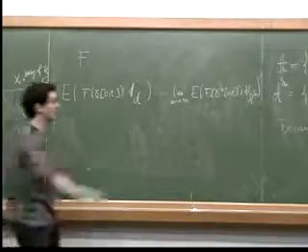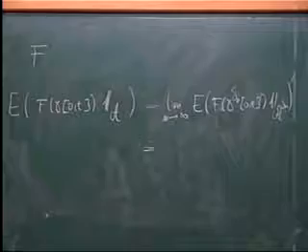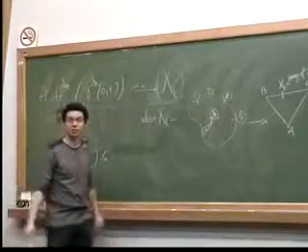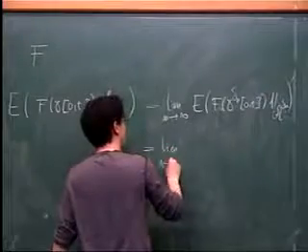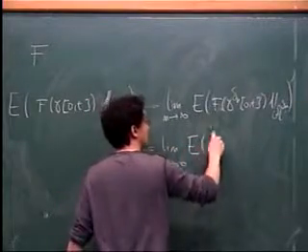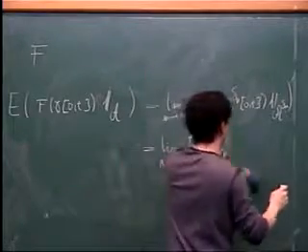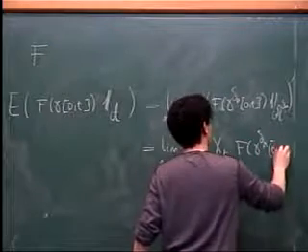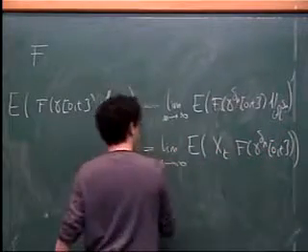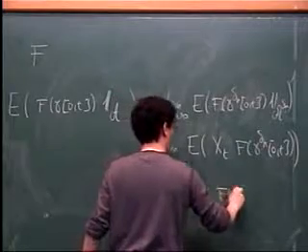And now you can apply this here to deduce, I skip a line, that this will be just the limit when n goes to infinity of the expected value of xt times f of gamma delta n up to time t, which is nothing else than the expected value of xt f of gamma up to time t.